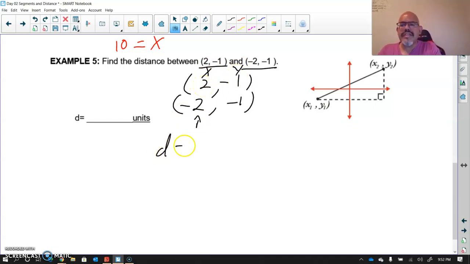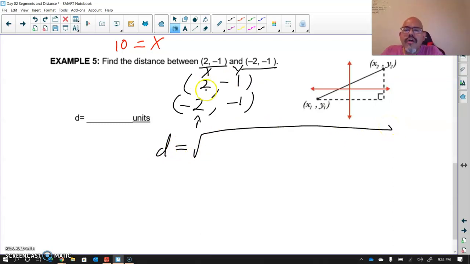Now I have D is equal to, let's see, our x1 is going to be 2 minus negative 2 squared plus negative 1 minus negative 1 squared. This becomes positive.